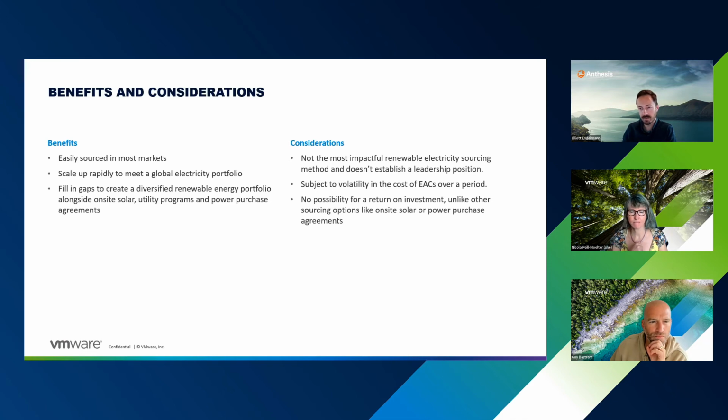Whereas if you have a virtual power purchase agreement, these are typically 10, 15, 20 years, so you know the price that you're paying for renewable energy over that contract. If you have on-site solar, you know you're going to have the panels for 15, 20 years. So there is some volatility inherent in the unbundled EAC market.